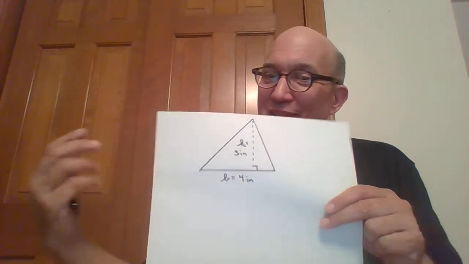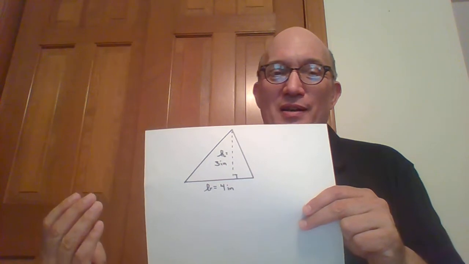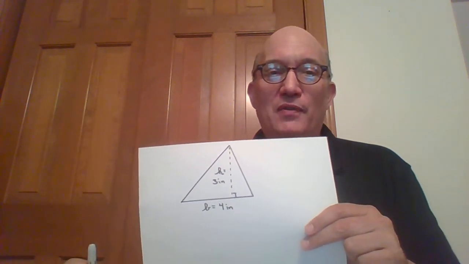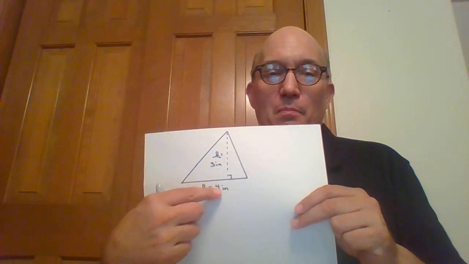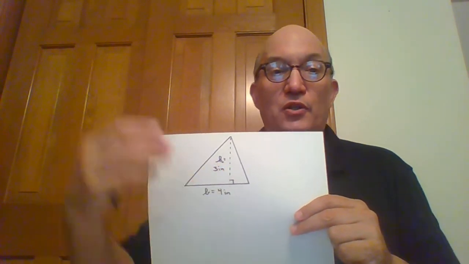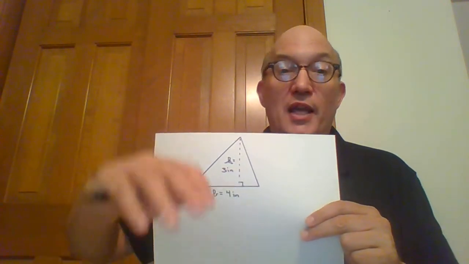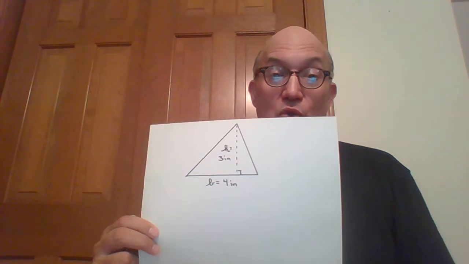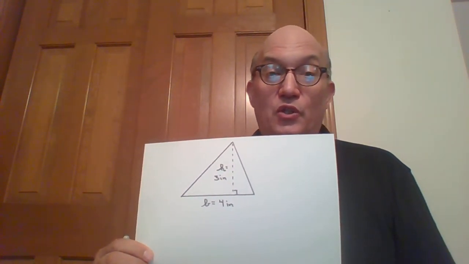I don't really have to show you the work here because it's the same as the work on the previous one. 1/2 base times height. 4 inches times 3 inches is 12 inches squared, but we take half of that to get 6 square inches. So the area of this triangle is also 6 square inches.